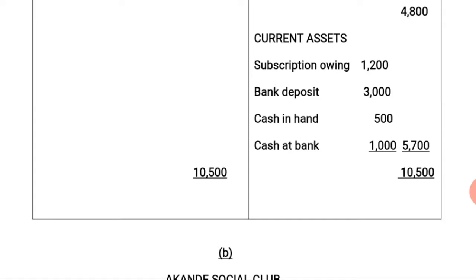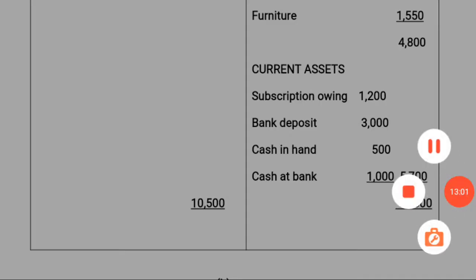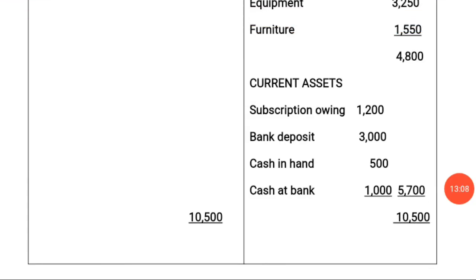We have the bank deposit. That is in additional information number 5.